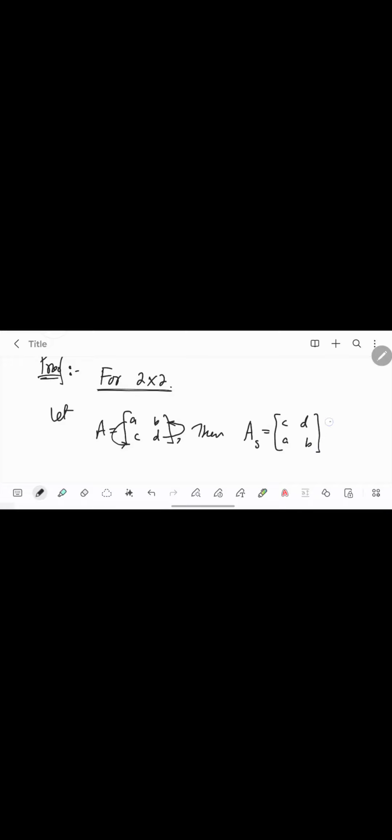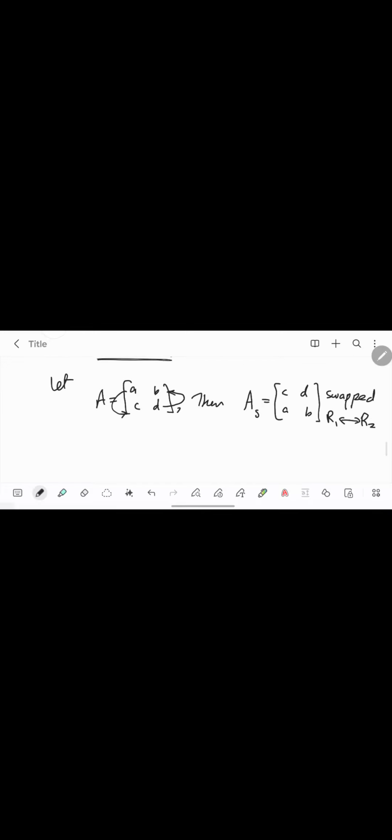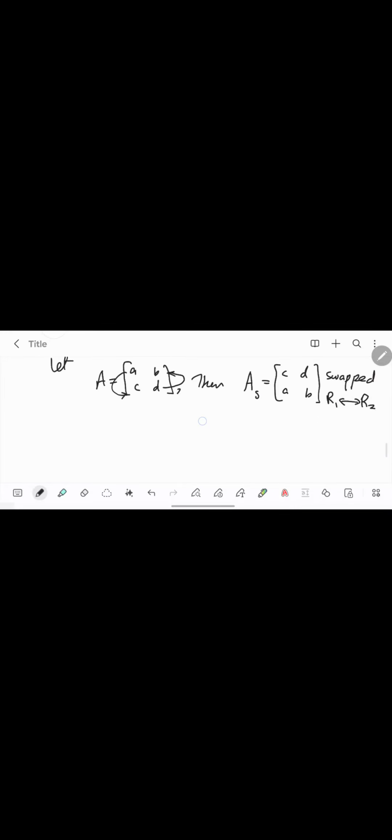What I did is swap R1 with R2, therefore I have written A_S. Now my claim is that if I take the determinant of the original matrix and the determinant of the swapped matrix, they are negatives of each other.